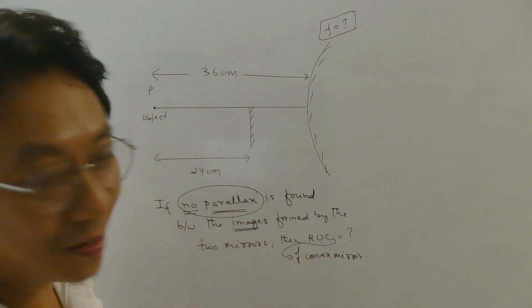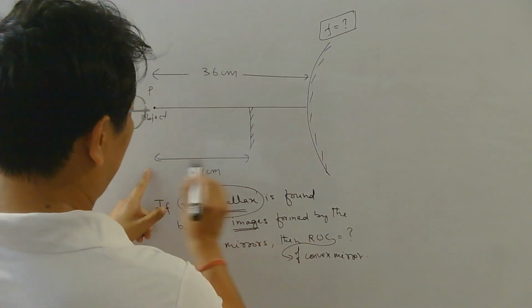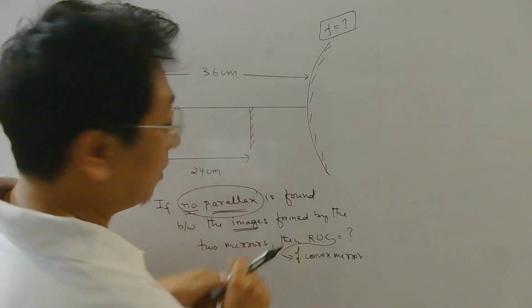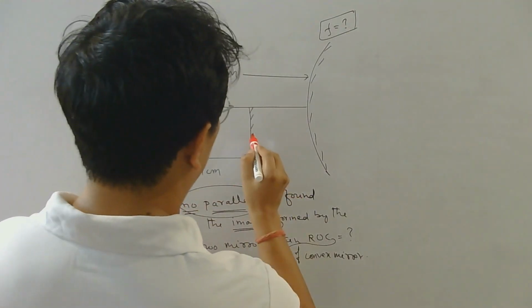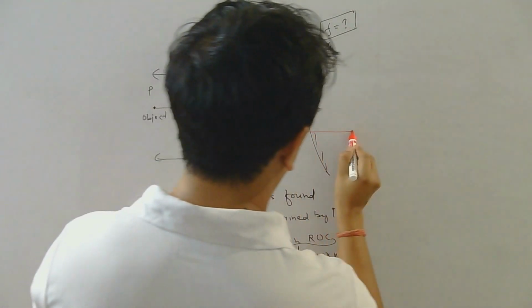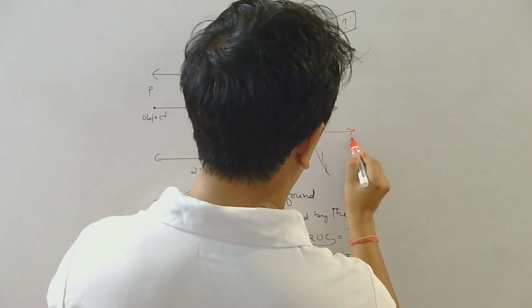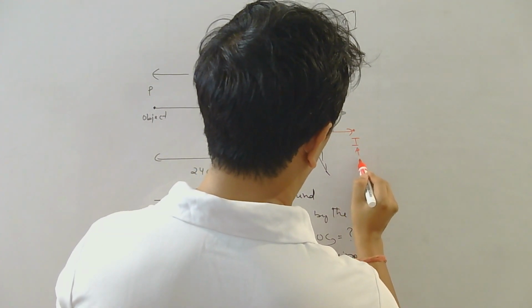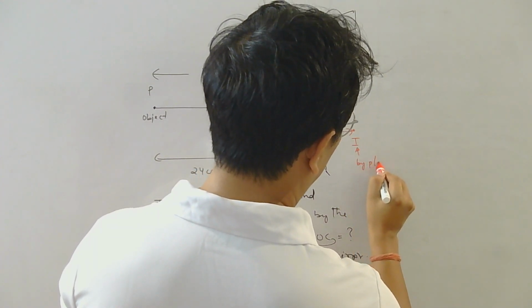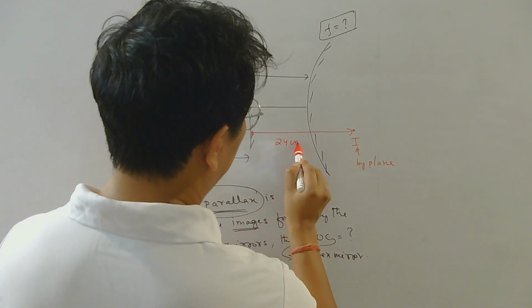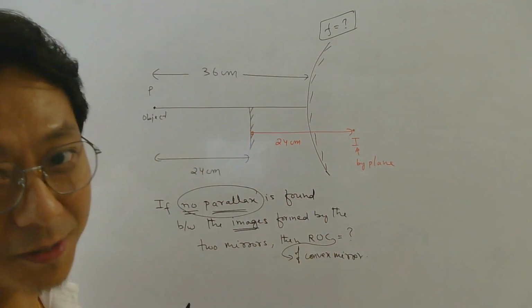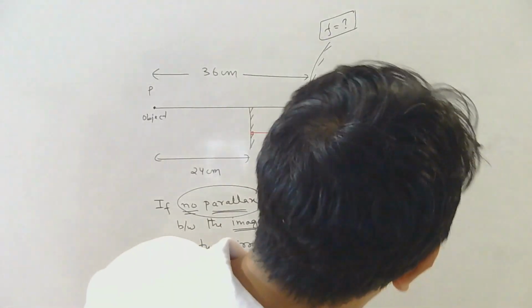Obviously the plane mirror. For a plane mirror, if the object is 24 centimeter away, the image will also be 24 centimeter behind the mirror. So this is the image by the plane mirror, and it should be at 24 centimeter itself. That's the property of plane mirrors, right?